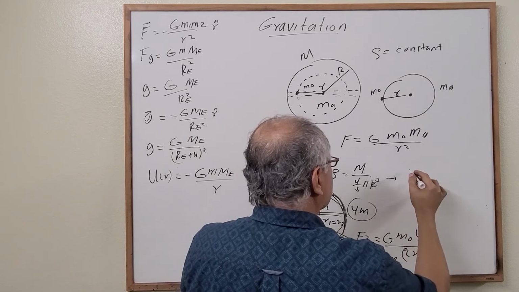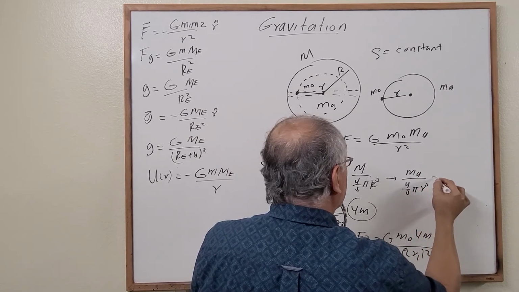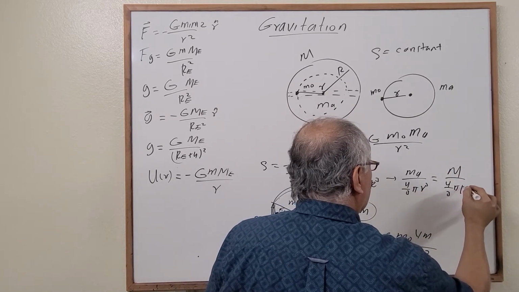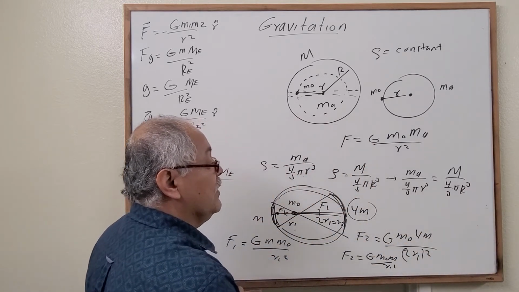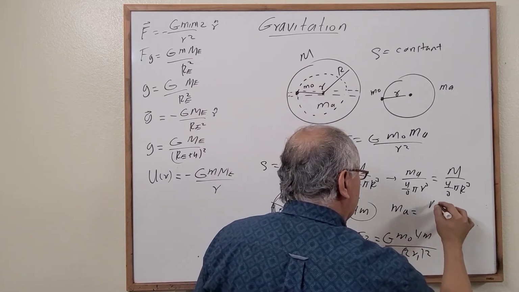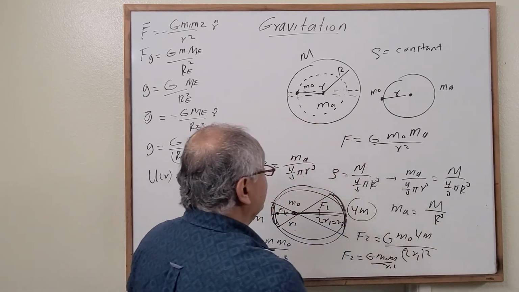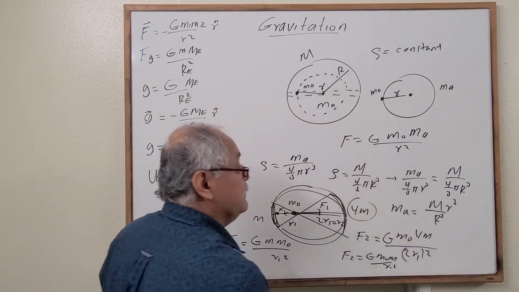We have that ma over 4/3 pi r cubed must be equal to the total mass over 4/3 pi the radius of the sphere cubed. When we solve for ma, this is equal to the total mass divided by the radius of the sphere cubed, times r cubed.